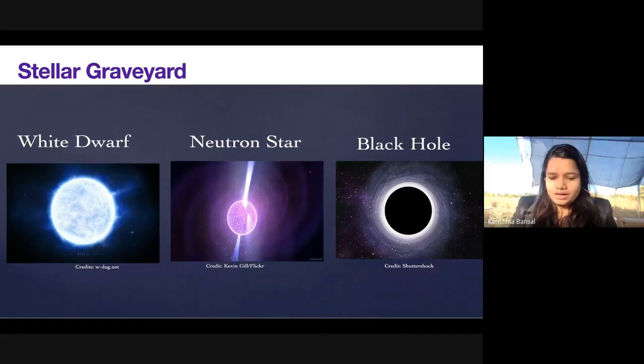So, the stellar graveyard. To give you a little background, most of the stars in the universe die. Now, why does a star die? Most of these stars begin with hydrogen, and over time, nuclear fusion forms helium. The main governing factor in the lifespan of any star is the mass of the star.